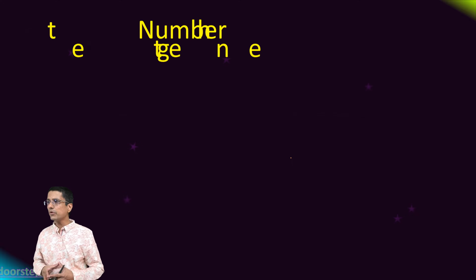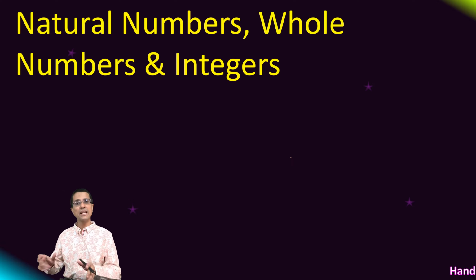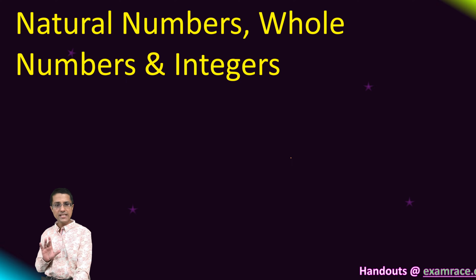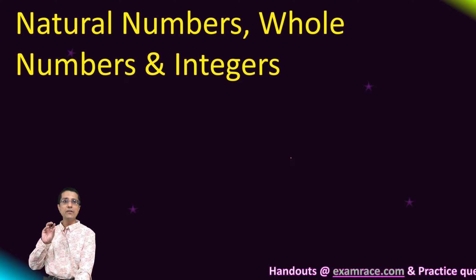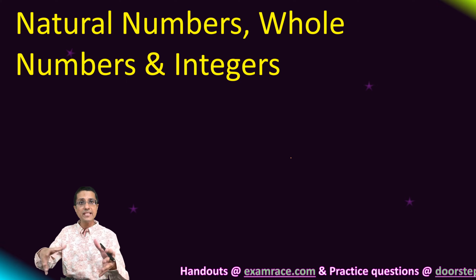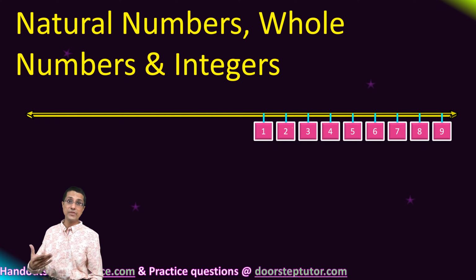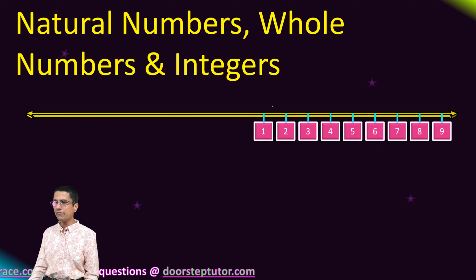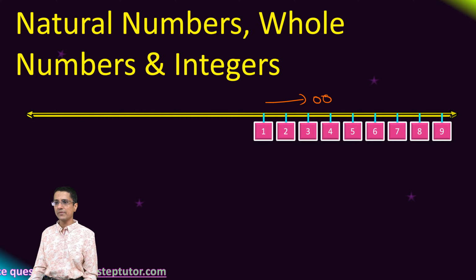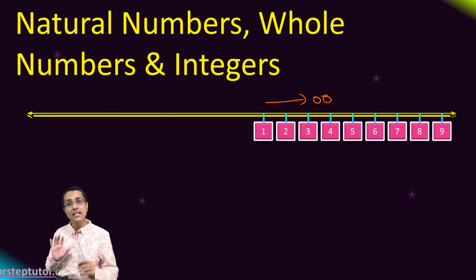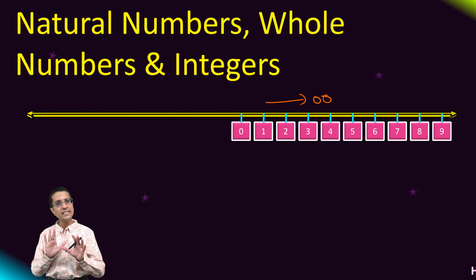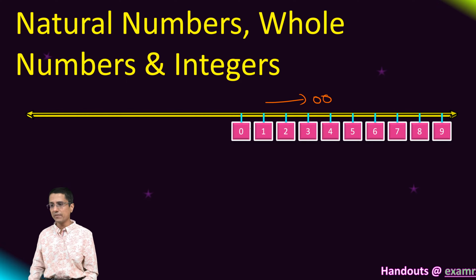Now that we have understood how to extend the number line, let's look at the various terminologies associated with the number line. Let's look at the various sets of numbers that we have on the number line. So here is our set of natural numbers. We all know that they start from 1 and they go on till infinity. That is the first set, the most basic set that everyone understood even before this level.